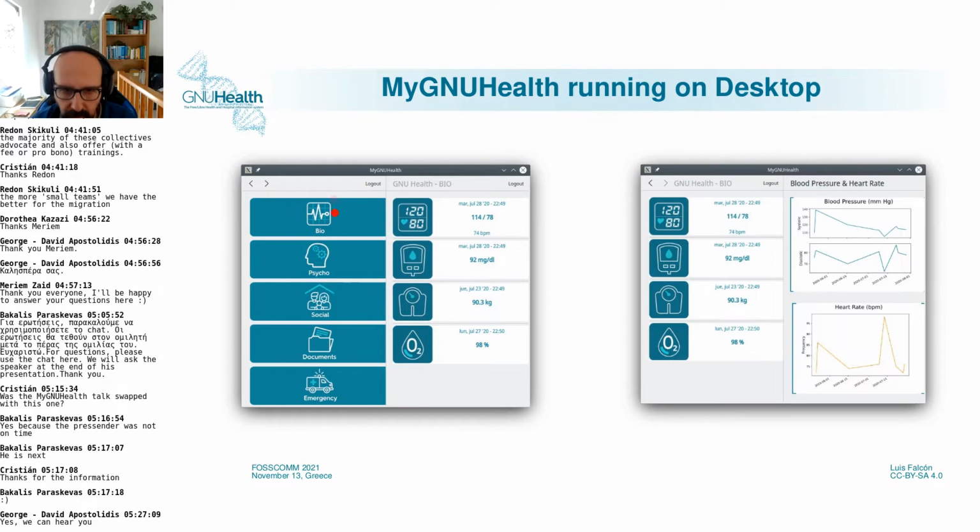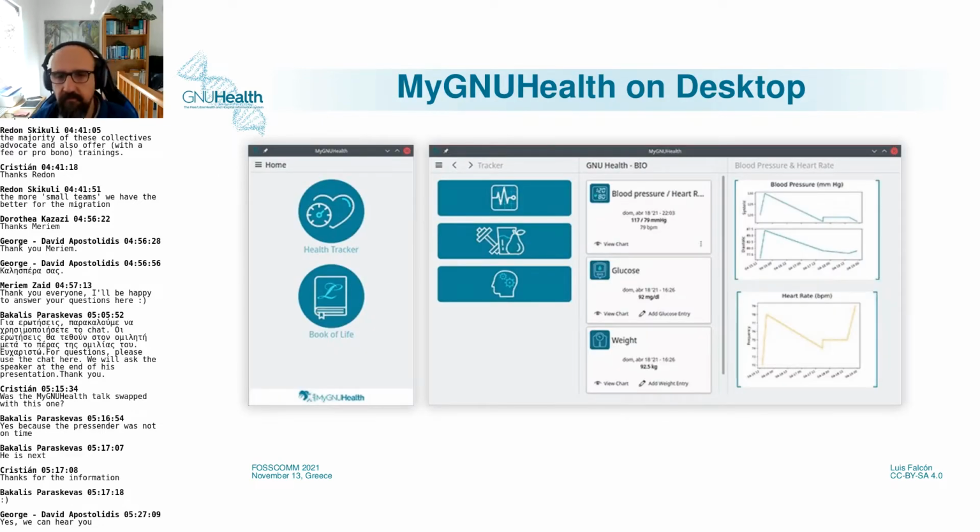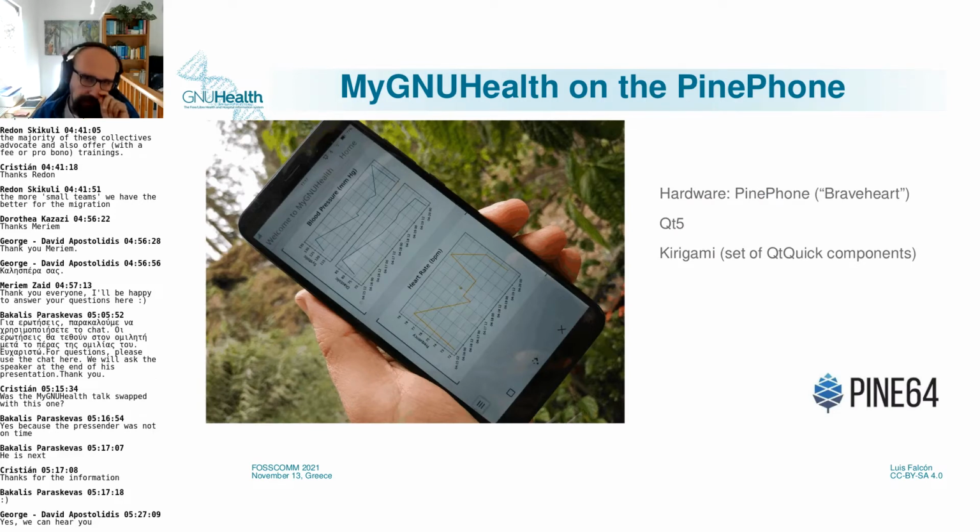So you have the biological, but you also have psychological and social determinants of health. And the three of them are very important, and the three of them complement each other and interact. Again, the Book of Life, the health tracker, shown on the desktop.